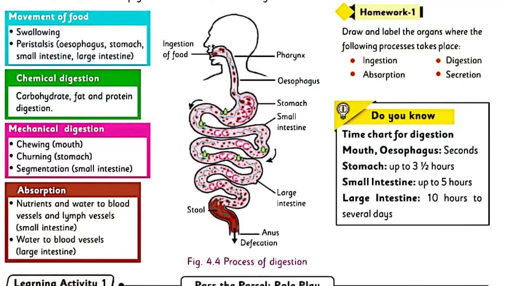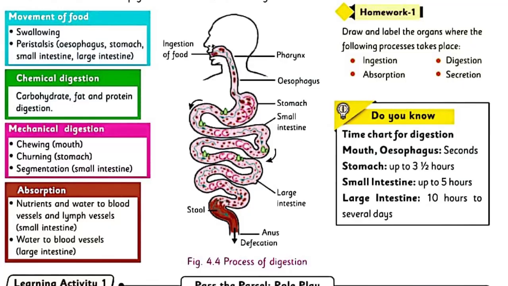Mechanical digestion: chewing, churning, segmentation. Absorption: nutrients and water to blood vessels and lymph vessels, water to blood vessels.